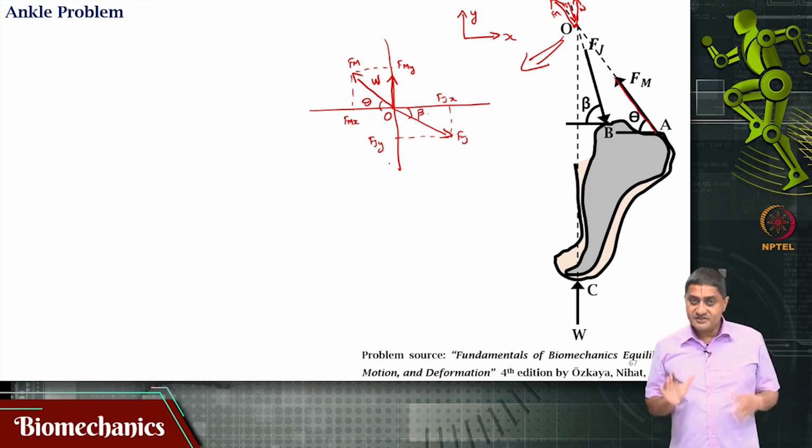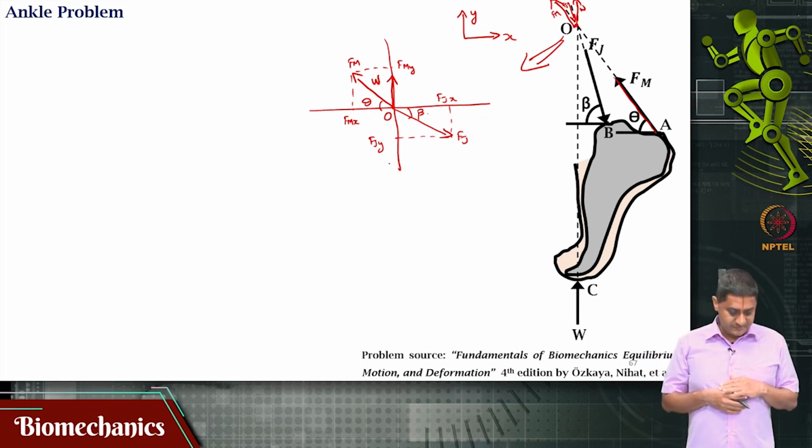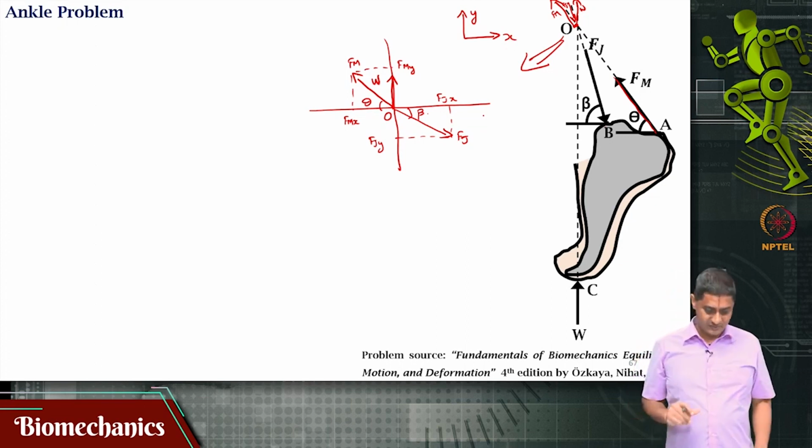Okay. This is the construction of the situation. Now, I can analyze this problem. Okay. And because I can transfer all these forces to point O, these forces form a concurrent force system. Okay. Forces concurrent at a point in a plane. Okay.